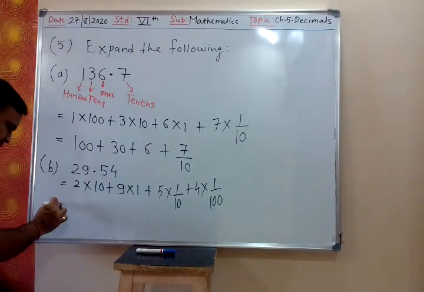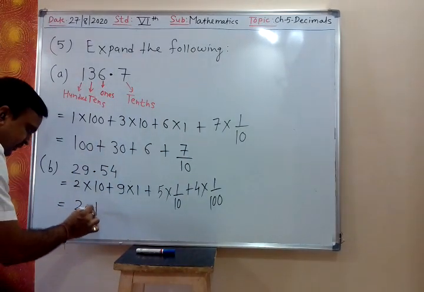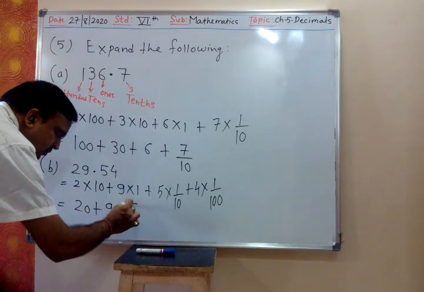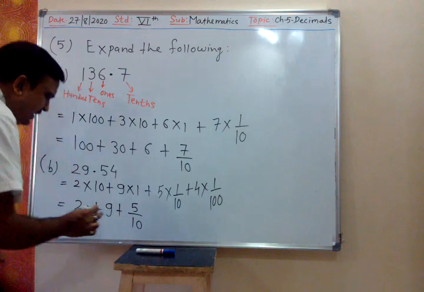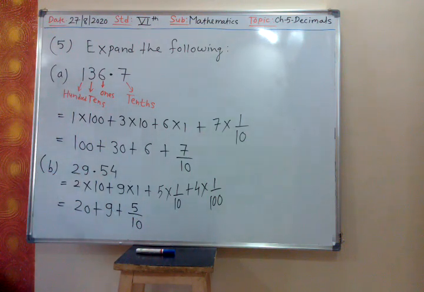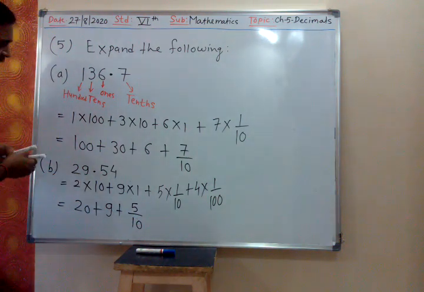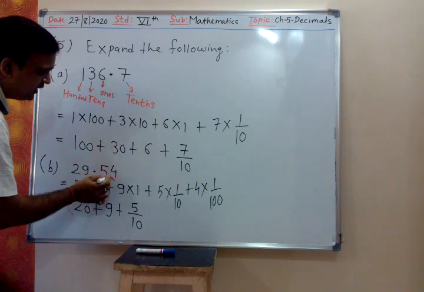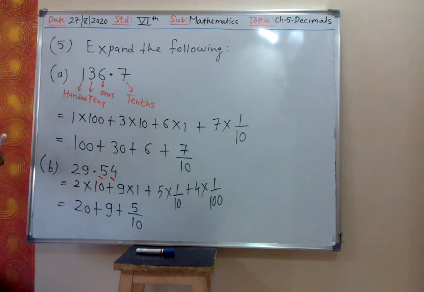2 into 10 is 20, plus 9 into 1, 9, plus 5 upon 10, because after decimal, what is the position of 5? The position of 5 is tenths. The position of 4 is hundredths. Several times I have told you, after decimal, if there is one digit, we divide by 10.